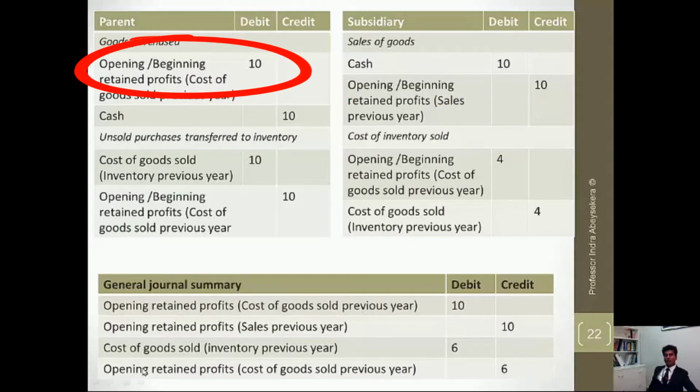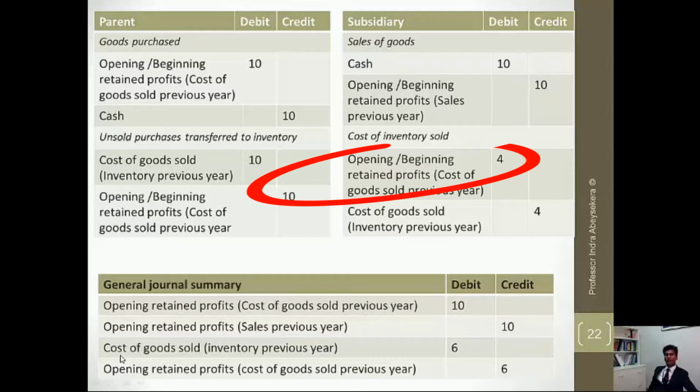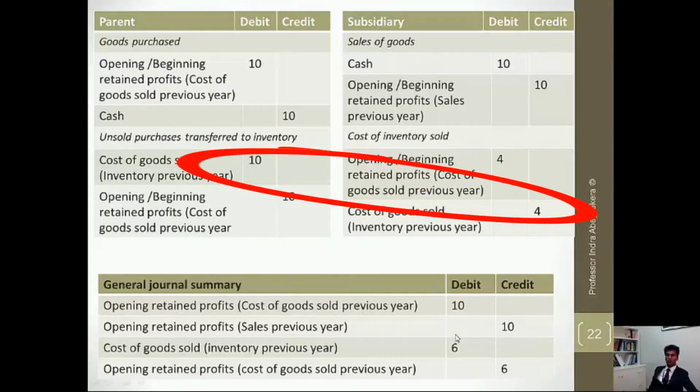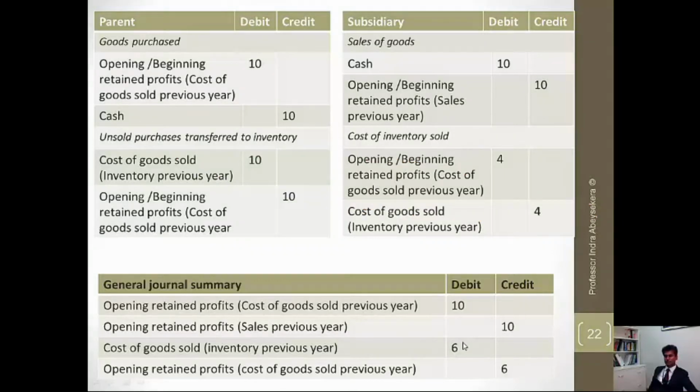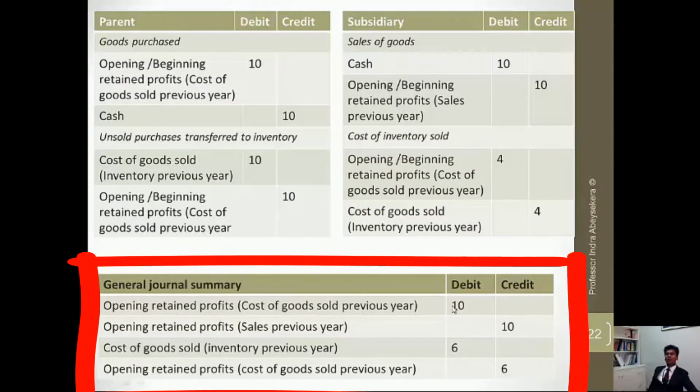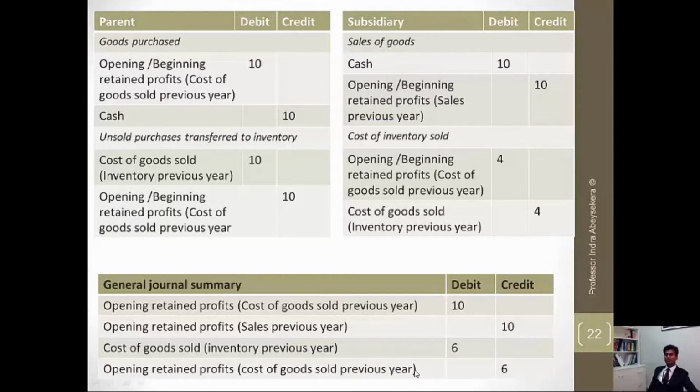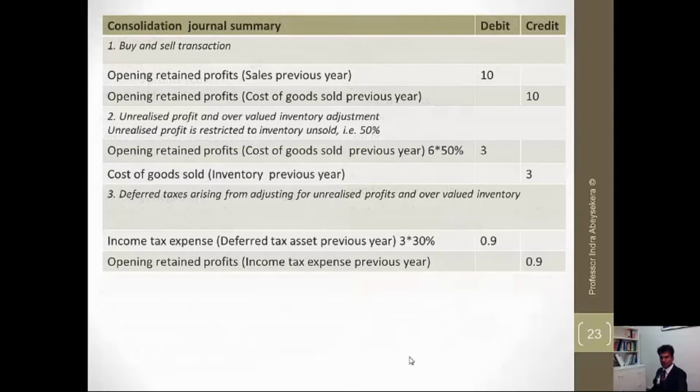Then for the unrealized profits, it is credit opening retained profits in the previous period, and debit cost of goods sold, because inventory has become cost of goods sold, 6. We must reverse this entry for consolidation.